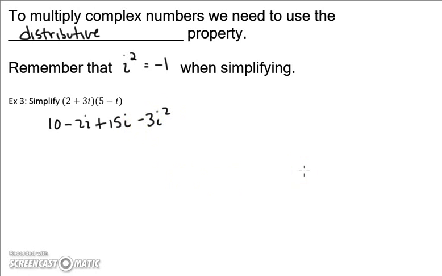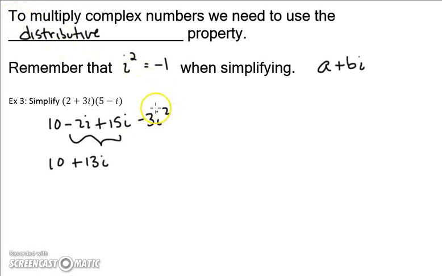Now, what we have written is not a complex number, because complex numbers, remember, are of the form a plus bi, and we have an i squared and two other i's. So we combine those to give a positive 13i. But then we think about this negative 3i squared.